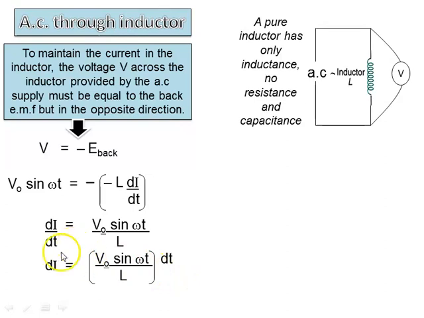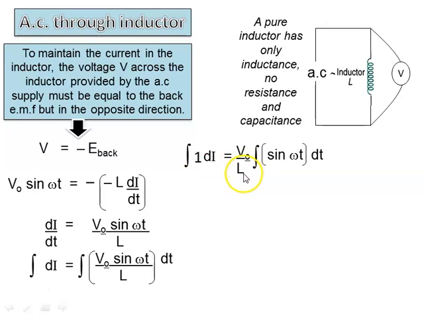So we separate the variables I and t on both sides. Then we take the integral of both sides. Nothing here means 1, and V naught per L is constant, so we can bring it out to the front.